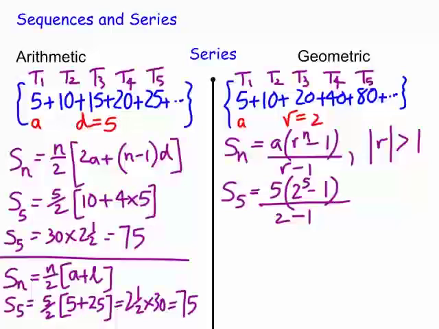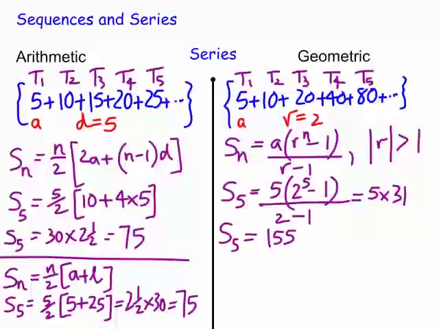And you can just see there's 1 on the bottom. 32 minus 1 is 31, so it's basically 5 times 31, and that's 155. So the sum of 5 terms is 155.